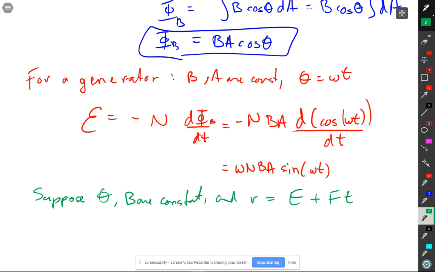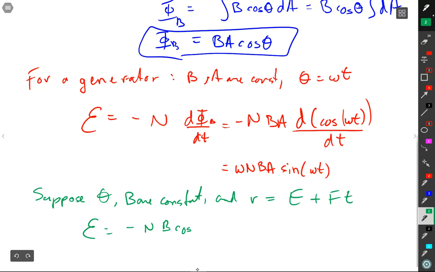Okay, if B and theta are constant and R is changing with time, then what am I going to have for the induced EMF? Should be negative NB cosine theta, because theta is constant, d over dt.